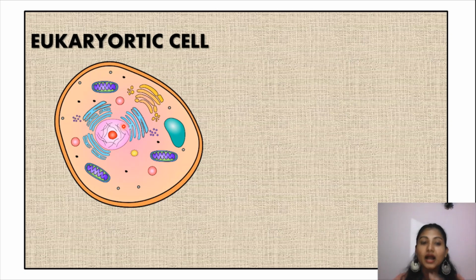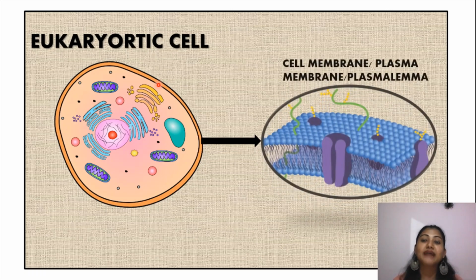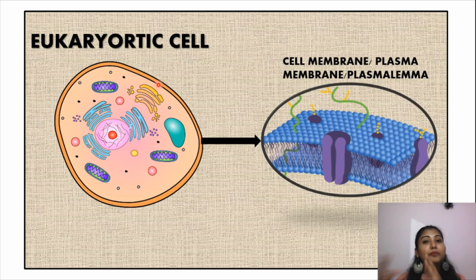Now, every cell, whether it is a prokaryotic cell or a eukaryotic cell, has a lining, a boundary, and this lining and boundary is called the cell membrane or plasma membrane, or it is also termed plasma lemma.